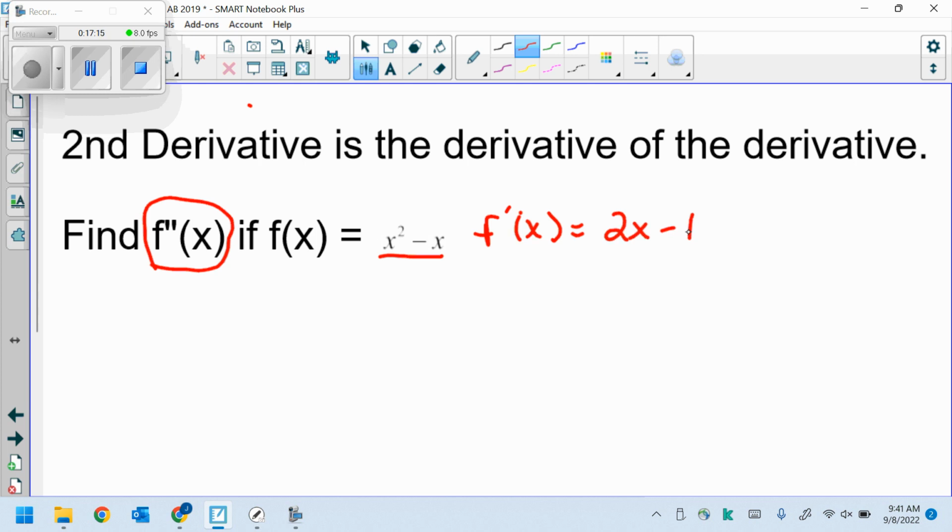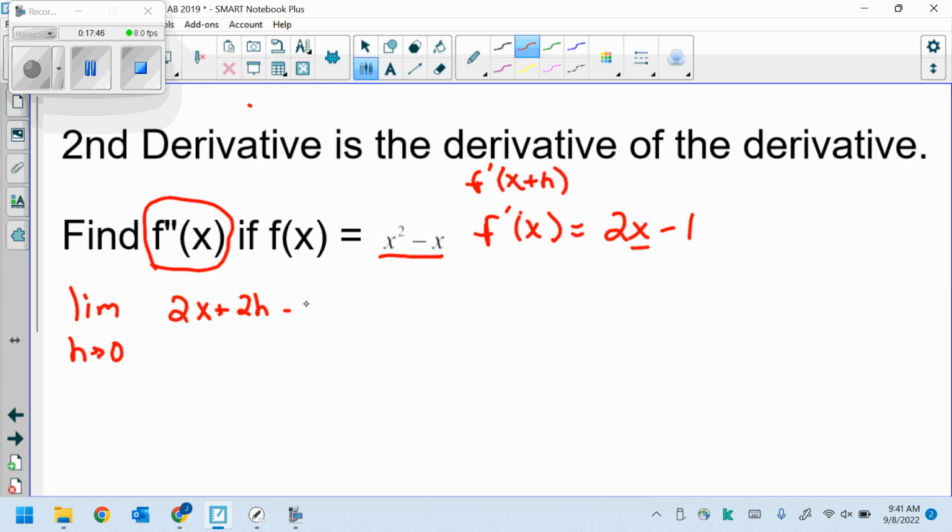So now let's find the derivative of that. Let's take the limit as h approaches 0 of f of x plus h, or in this case f prime of x plus h. If you put an x plus h in here, you would get 2x plus 2h, wouldn't you?